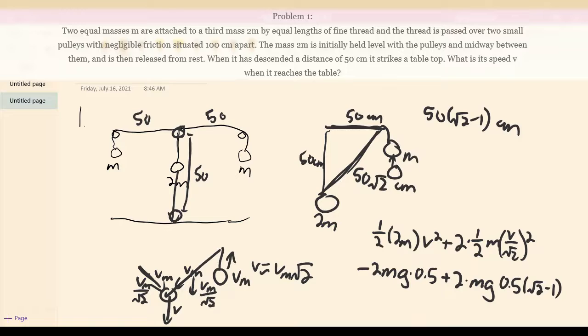This has to be equal to 0, because the initial setup is 0. Normally there would also be a gravitational potential energy for all of these masses, but if you set that to 0, you can just take the differences as we did here and let everything cancel out.